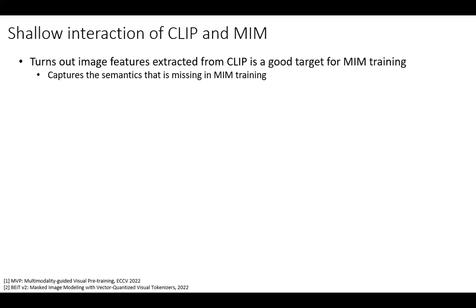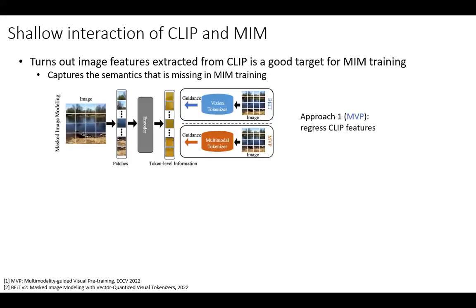It turns out the image feature from CLIP can be a very good target for MIM training, partially because the CLIP feature can capture the semantics that is missing in the MIM training.